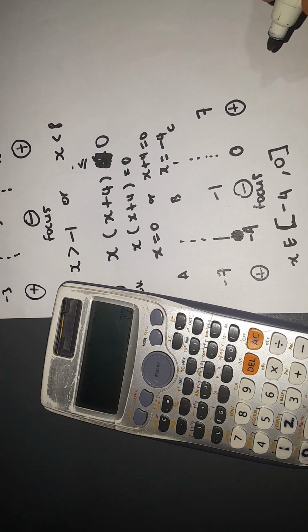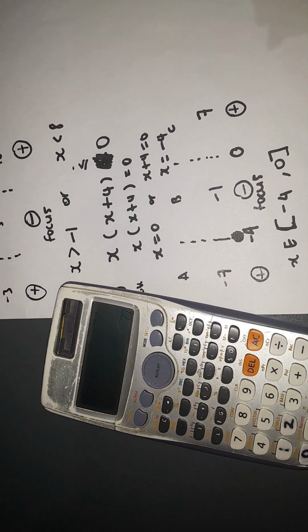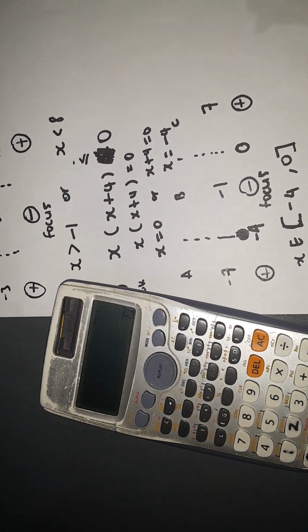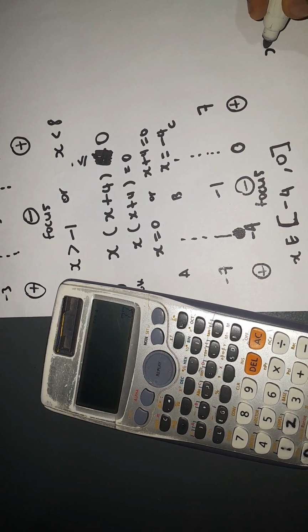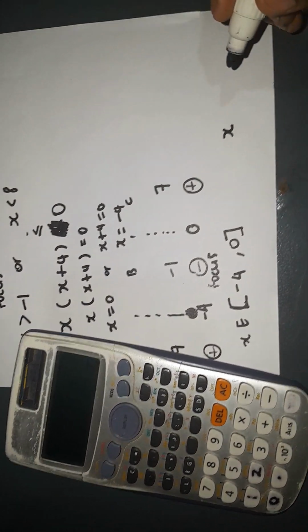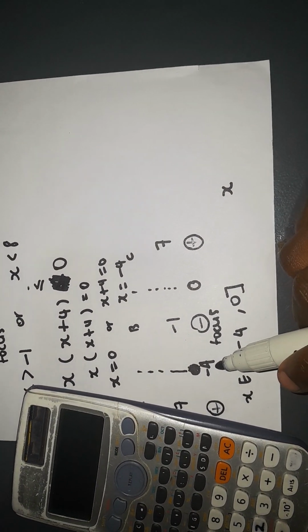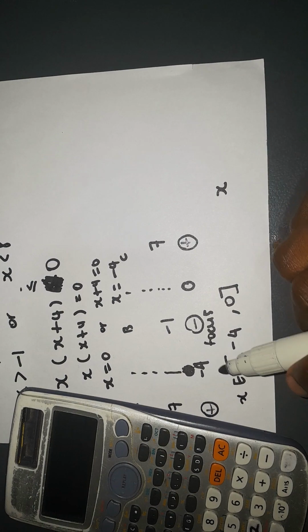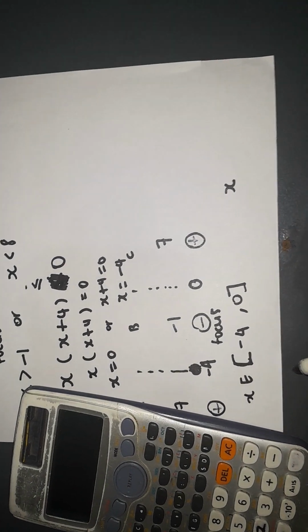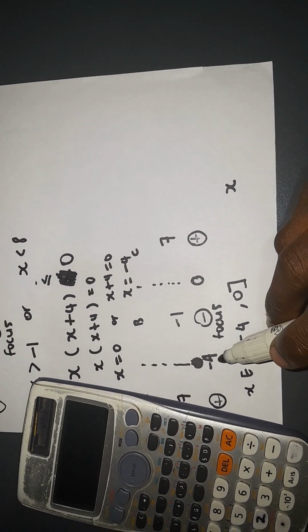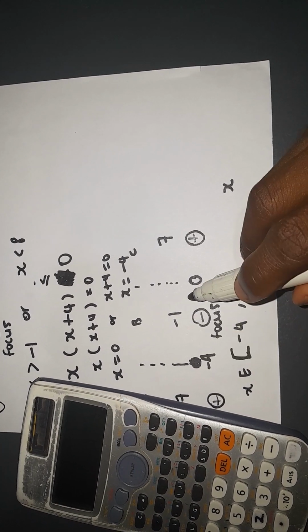Or we can do it in this crocodile format, which we will say x, and x must be greater than or less than -4. It must be greater than -4, because it must go that way.